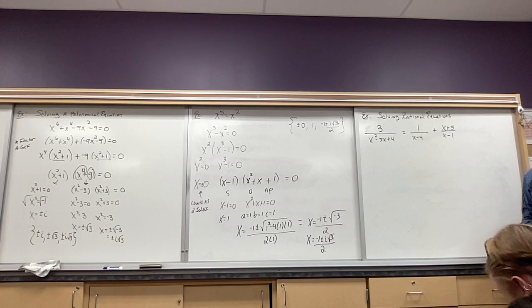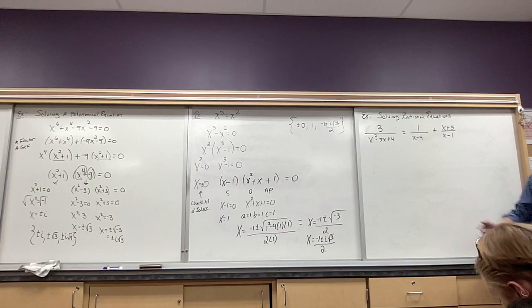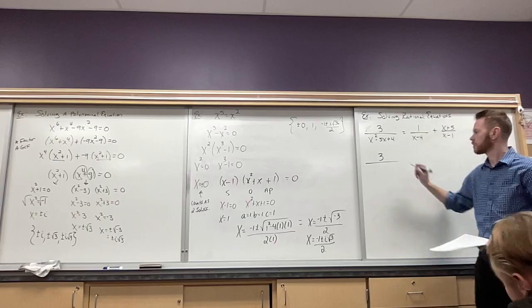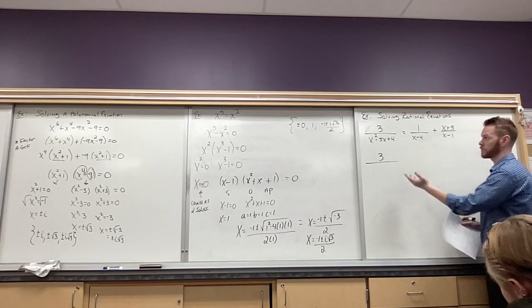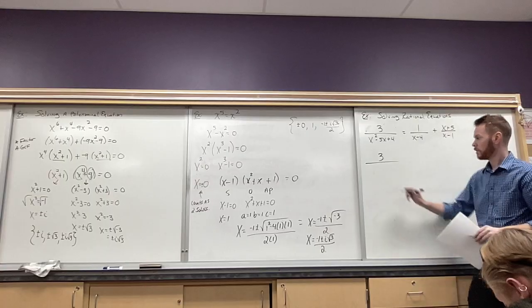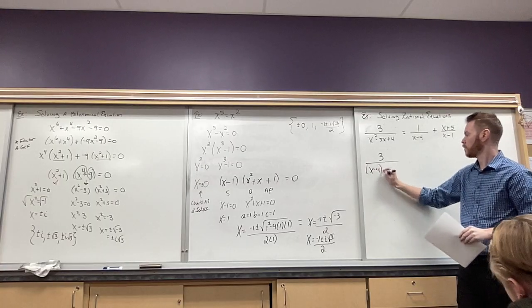I want to get rid of the fractions again, right? It makes it a lot easier when the fractions are gone. So that means I got to multiply by an LCD. But to find it, I need to break this down a little bit further. Okay, so let's do that. So could it be factored? The answer is yes. Factors of 4 that give me -5 when I add them, well, that's going to be -4 and -1.